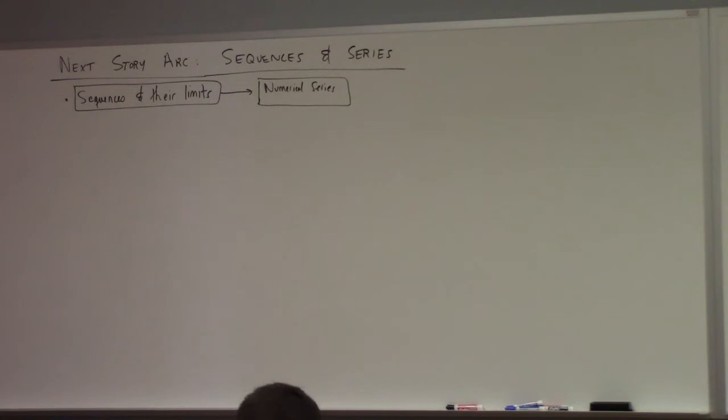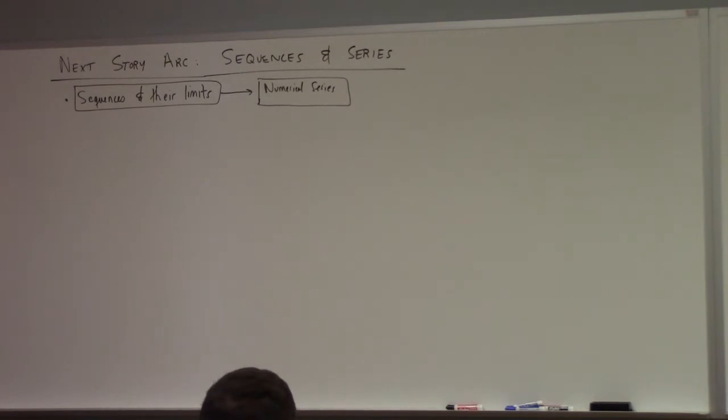But to define a numerical series carefully, we must already know how to take the limit of a sequence. All right? So series are built over sequences in this sense. To define a series converging or diverging, that will be defined in terms of a corresponding sequence of partial sums converging or diverging. All right?